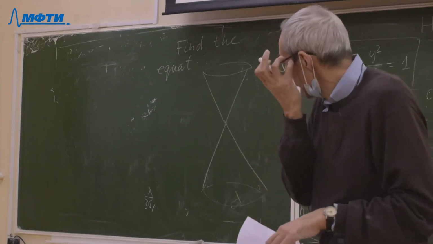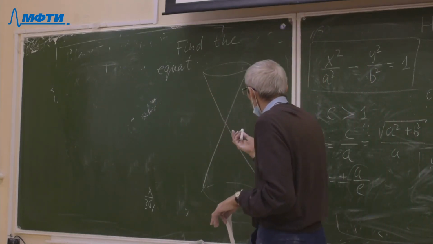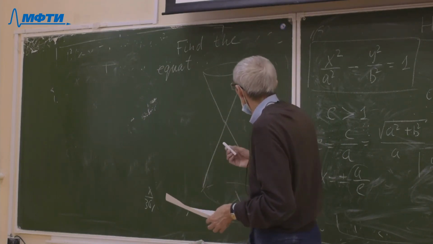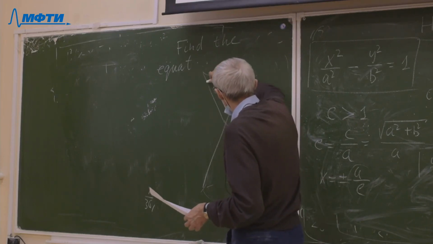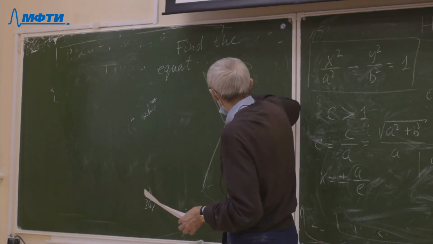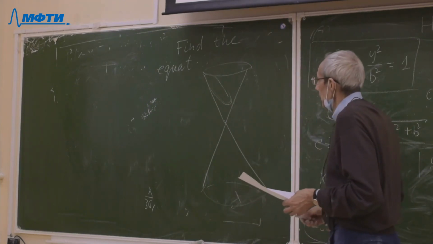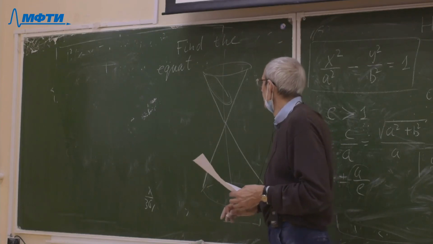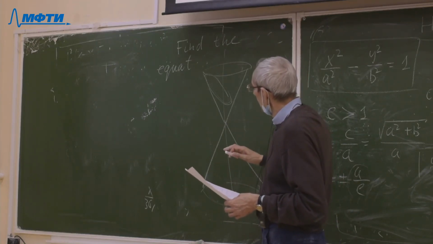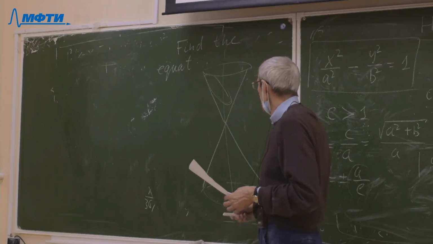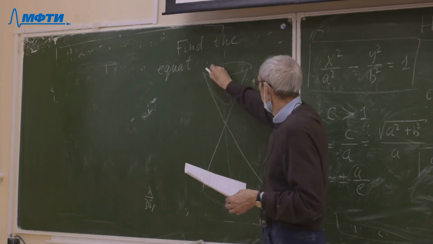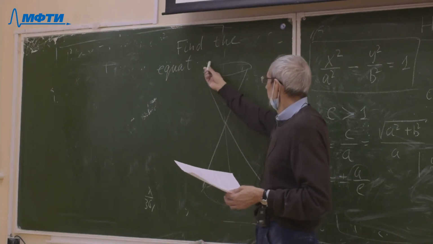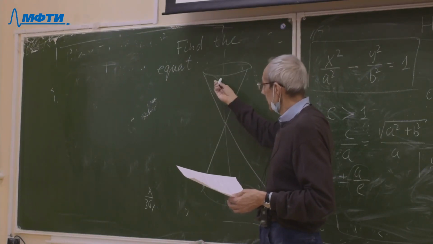The hyperbola and ellipse are different conic sections, and for the ellipse we also have various types. If we change the slope, the form of the ellipse also changes. If the plane is perpendicular to the axis of the cone, the ellipse coincides with a circle.